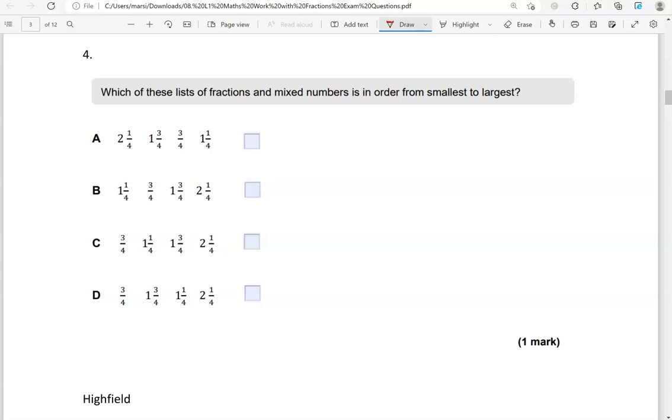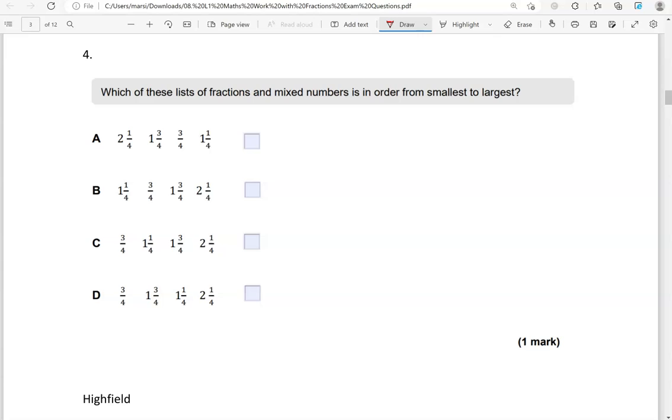Which of these lists of fractions and mixed numbers is in order from smallest to largest? Okay, so looking at the first row, we've got 2 1/4, then we have 1 3/4, then we have 3/4, and then 1 1/4. So the first one is the largest because it's 2 whole ones and 1/4.